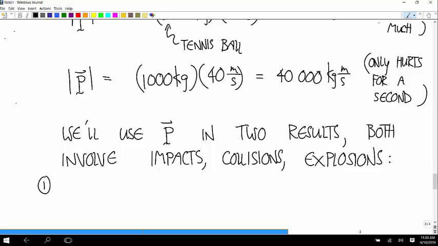The first one is the impulse momentum equation.